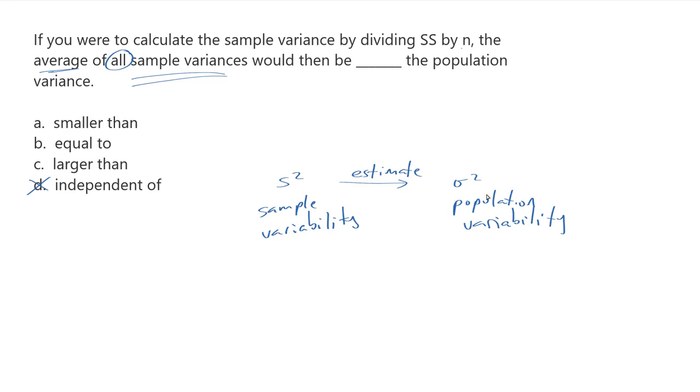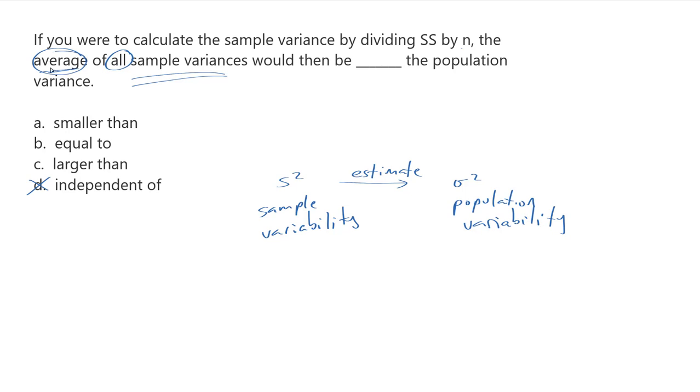So if you're looking to estimate a population by taking a sample, even though there are many different kinds of samples that could be taken from that one population, most of them will show less variability than what is possible by looking at the entire population.